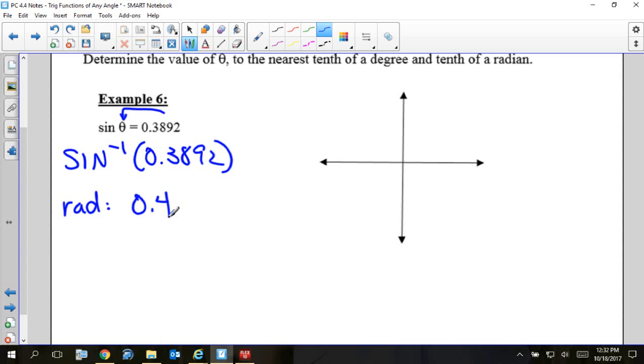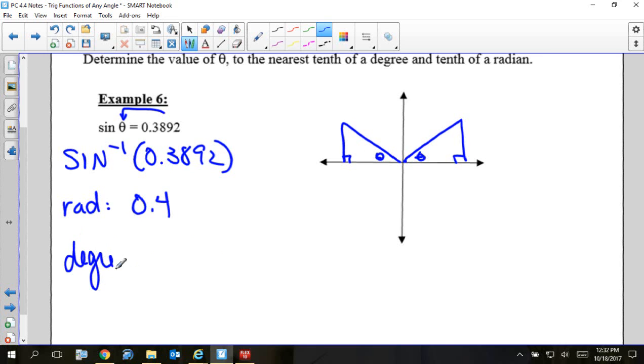But where's sine positive? First and second. So we should have two answers. Just heads up. Radians 0.4, and then my degrees for this one.